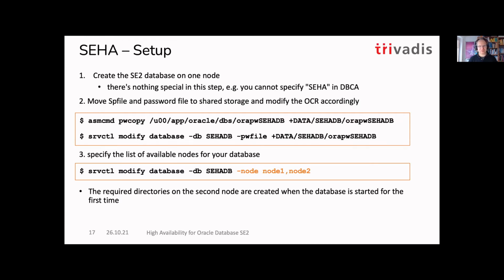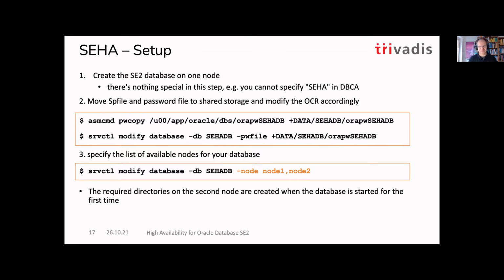And then you have to modify the database configuration with srvctl modify, to change the location of the password file. And then you have to specify the nodes which are available for SEHA.